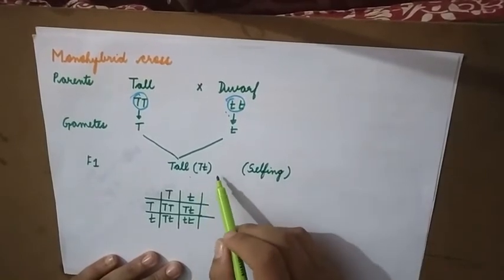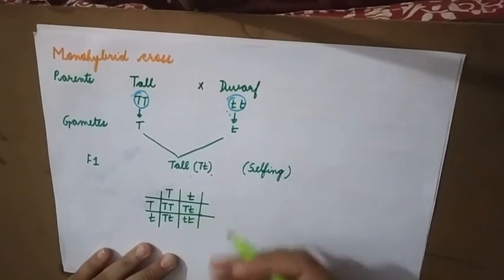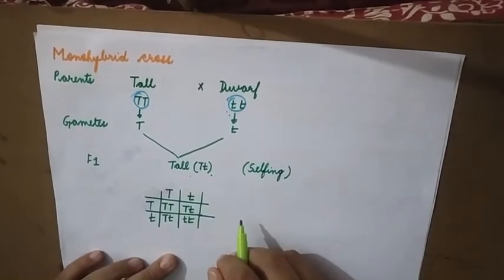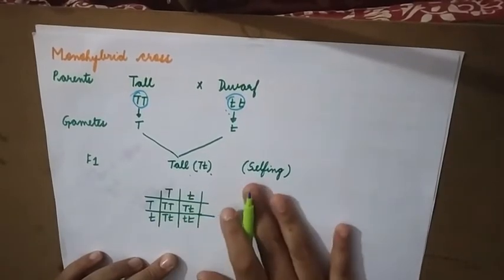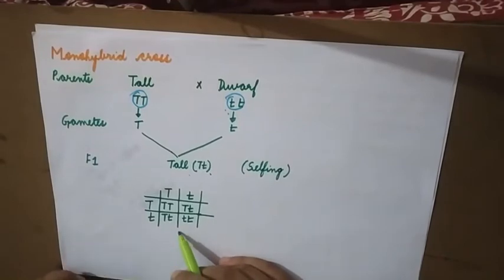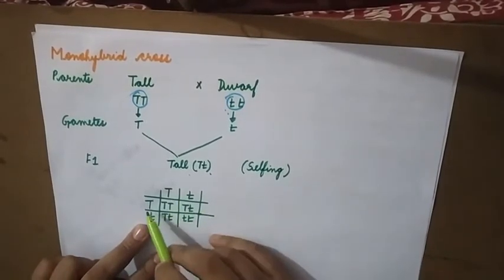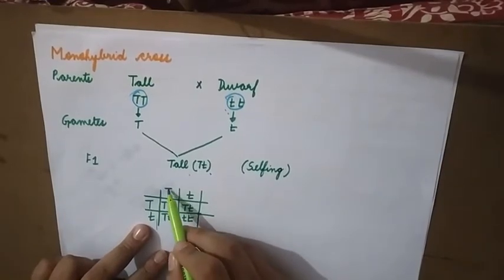Now again, when selfing is done over here, the possible combinations can be obtained by using Punnett's checkerboard. This helps us to predict the possible combinations. So we make a checkerboard, leaving this block on top.